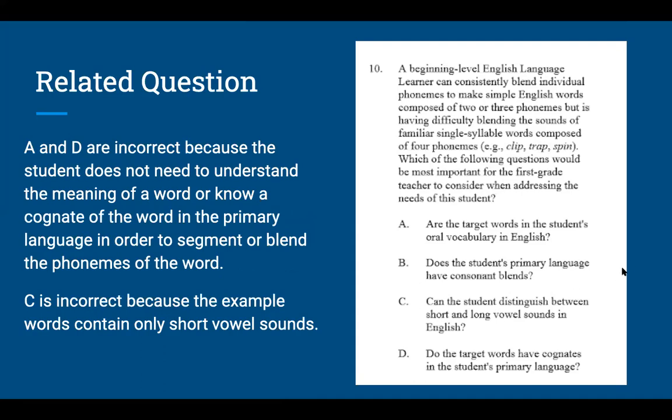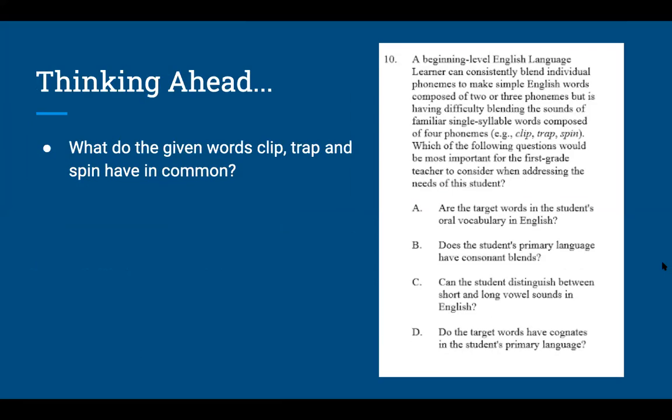So it's all about focusing on the specifics, and even though the question seems very long, pulling it apart and recognizing what the important parts of the question are and relating them to each of the answers. So just thinking ahead, what do the words clip, trap, and spin have in common?